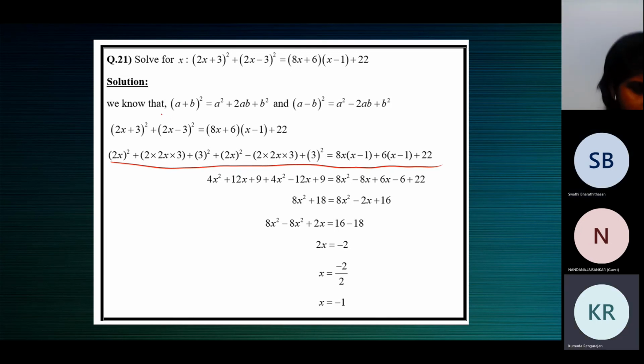That's what I told you, you will know how the identity is derived. So this is an identity. How we get these 3 terms, we will learn in the chapter algebraic identities. Now you just take it as a formula. A plus b the whole square is a square plus 2ab plus b square. Yes, ma'am, when we come to that chapter algebraic identities, you will see how the identity is derived.